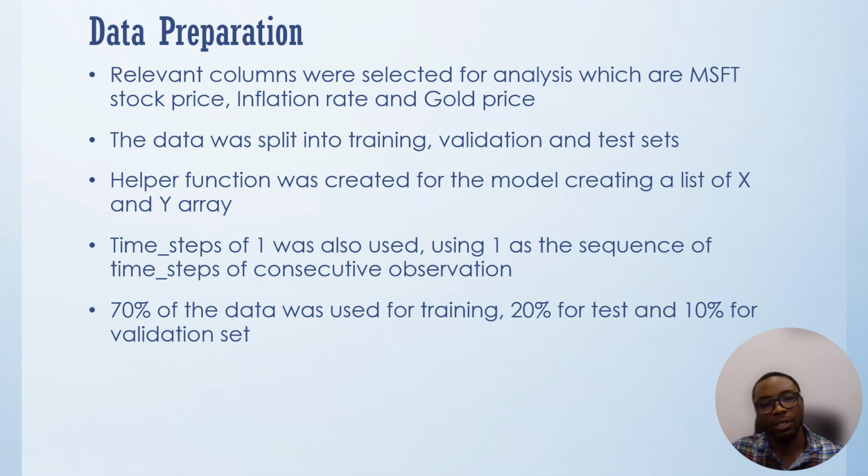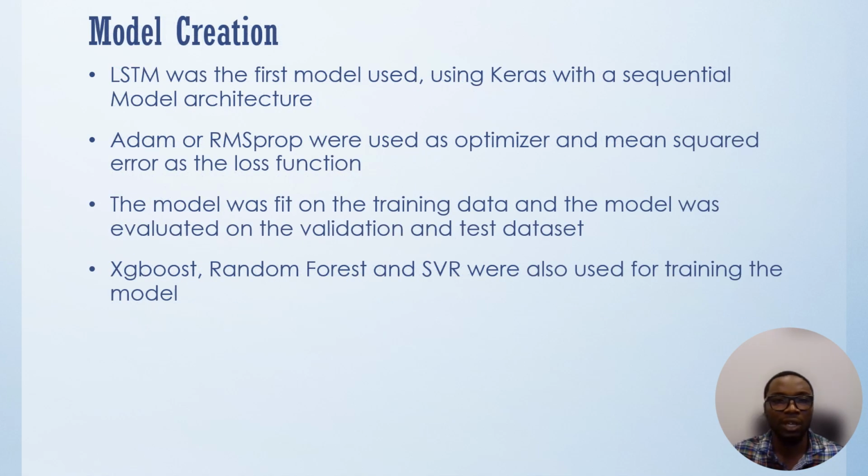Since we are doing time series analysis, we use one as the time step, so the end of the day is used to begin another one to show the next day. The training data set has 70% of the data, and we use 20% for the test data set and 10% for validation.